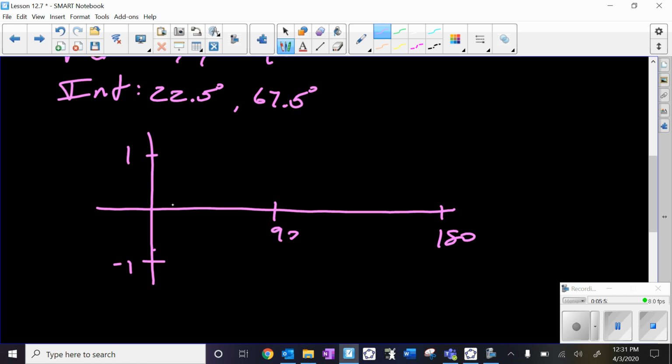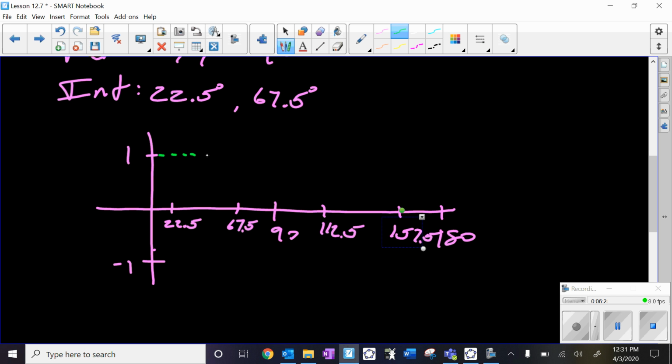Our intercepts, we had 22.5 degrees and 67.5 degrees. 22.5 plus a period of 90 gets us 112.5. And then 67.5 plus a period of 90 is 157.5.